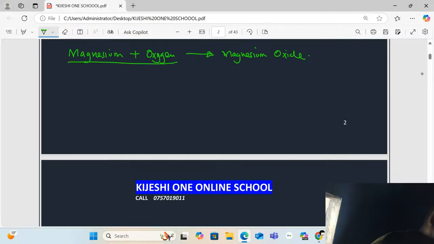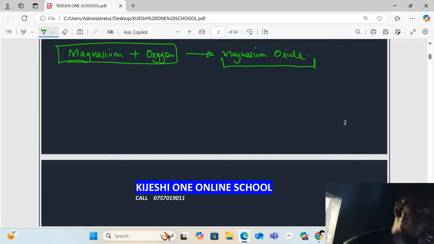We are not interested with this part. We will be interested in it later on when it comes to balancing. But now we are focused on the chemical formula of the product. Therefore, for magnesium oxide to be formed, we must have magnesium ion and the oxide ion.